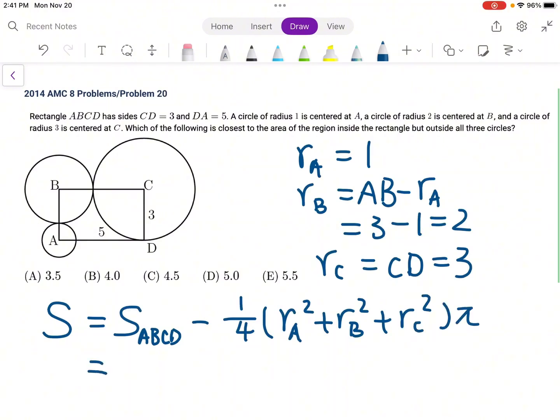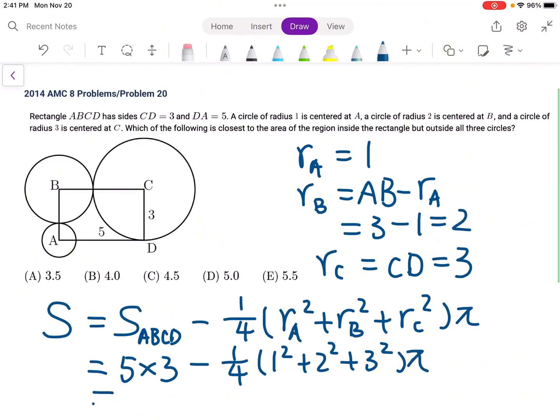And the area of ABCD is 5 multiplied by 3, minus 1/4 times 1 squared plus 2 squared plus 3 squared, times pi. And that equals 15 minus 3.5 pi, and it's approximately 4. The answer is B.